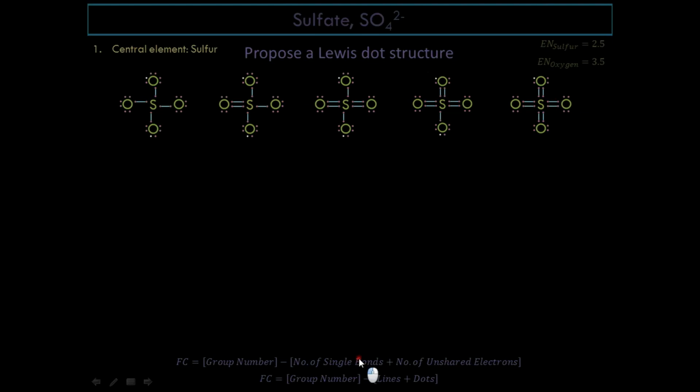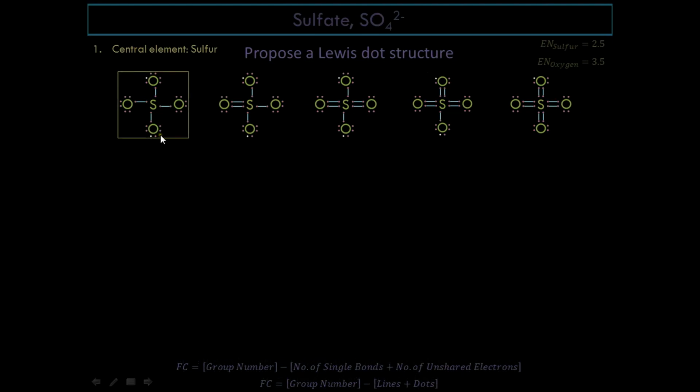Let's try first with this figure. Sulfur here, and don't forget sulfur and oxygen are both group 6 elements. Here sulfur has 4 lines associated with it, 0 dots.